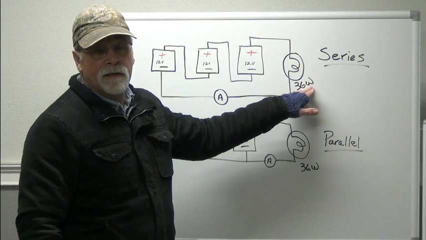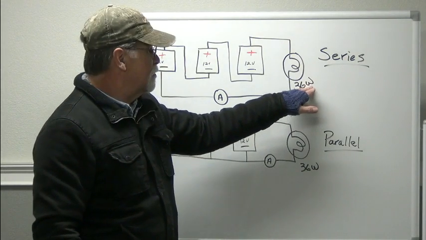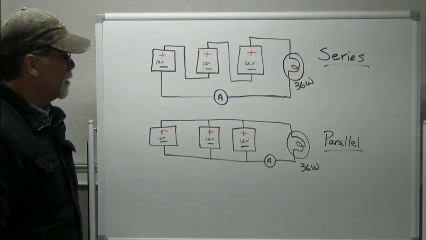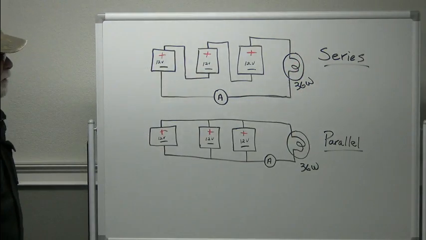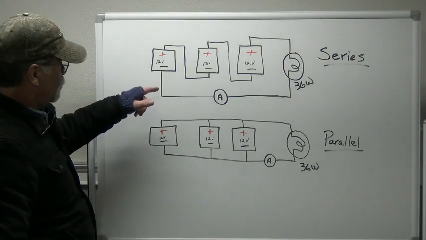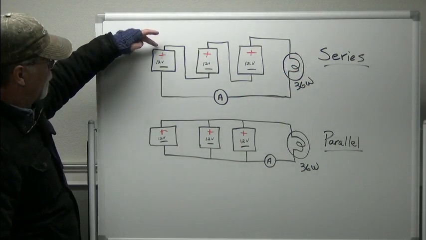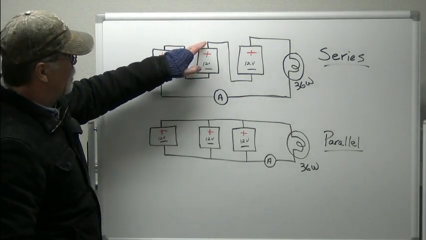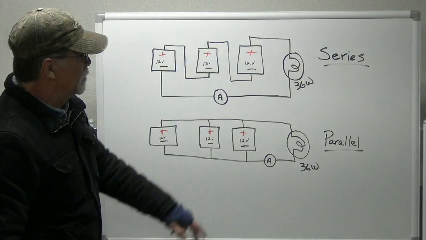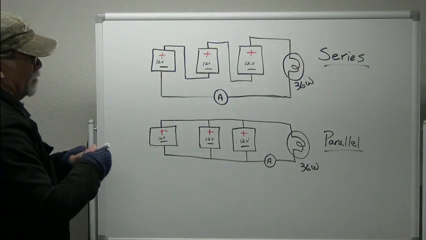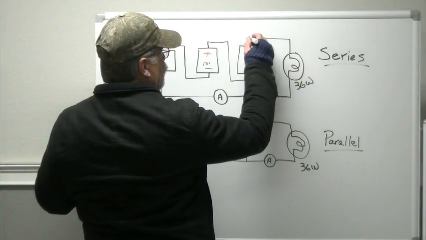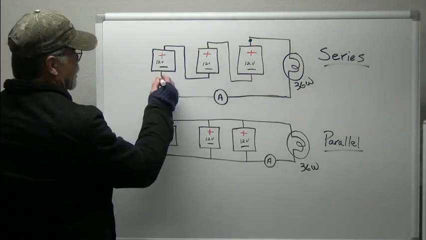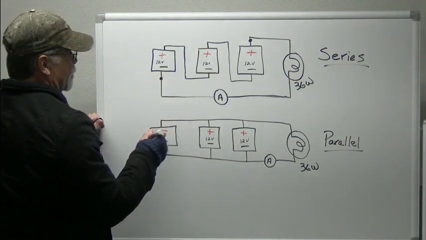Remember, watts is the unit for power. So the amount of power that we're consuming from these batteries is 36 watts. In a series circuit, our cells are connected from positive to negative, positive to negative. This right here would be my most positive point in this little circuit, and this is the most negative.